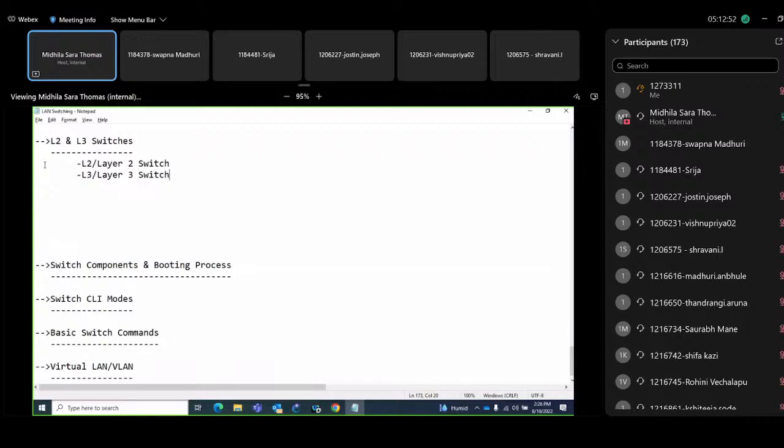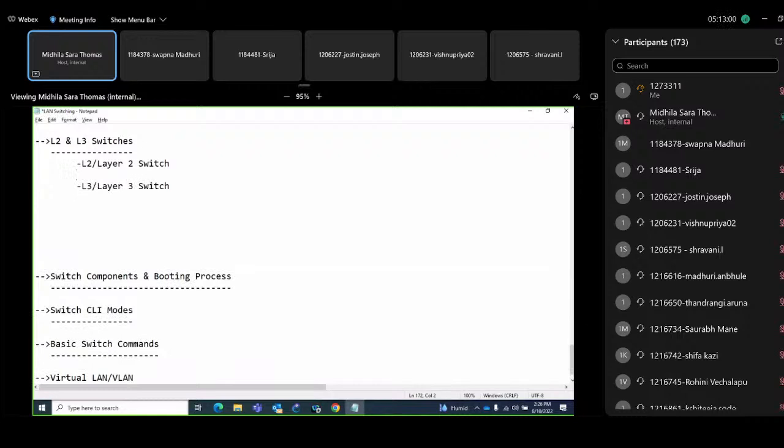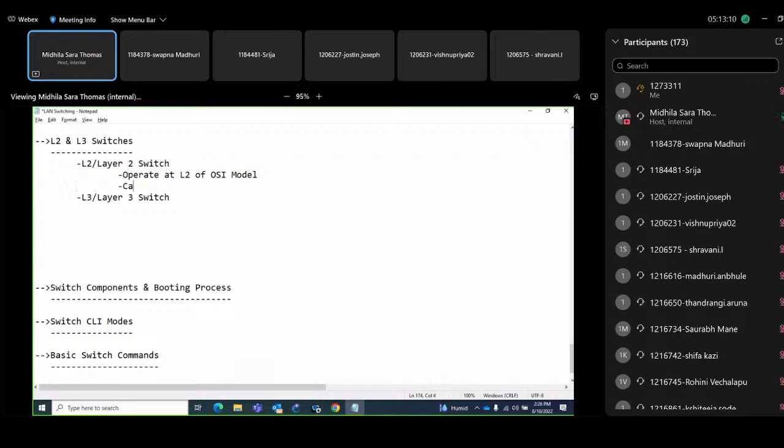So there are two types of switches actually, Layer 2 and Layer 3. What I told you till now is about Layer 2. It operates at L2 of the OSI model and carries out switching operations, the normal things regarding switches.